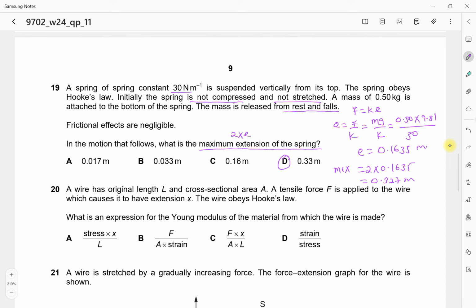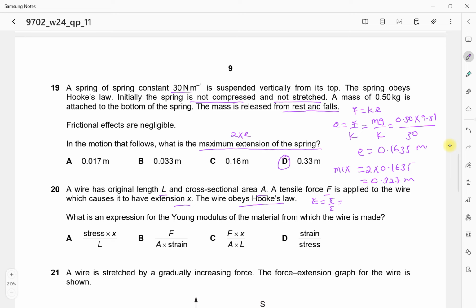A wire has original length L and cross-sectional area A. A tensile force F is applied to the wire, which causes it to have an extension X. The wire obeys Hooke's law. So if the wire obeys Hooke's law, then we know that Young modulus is stress over strain, which means stress is force over area and strain is extension over original length.